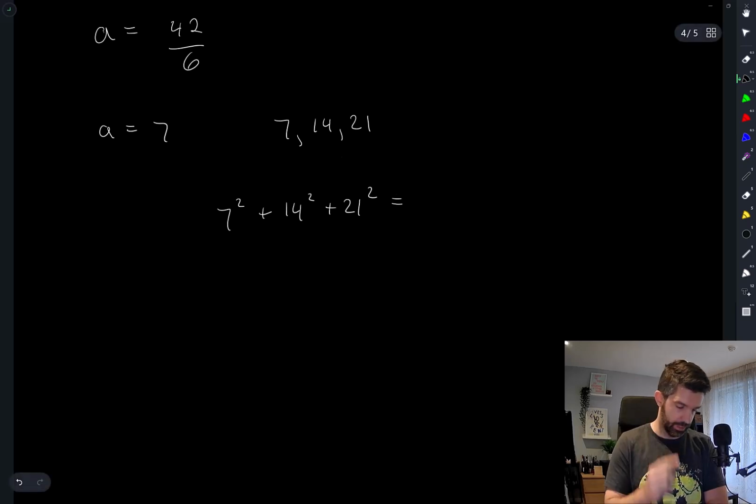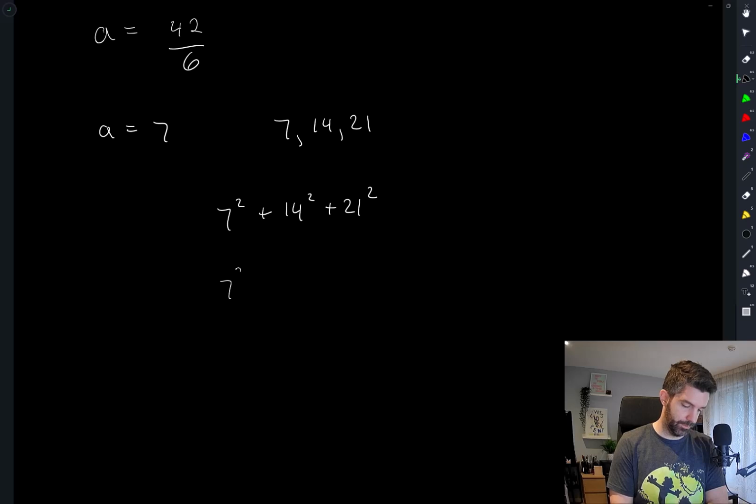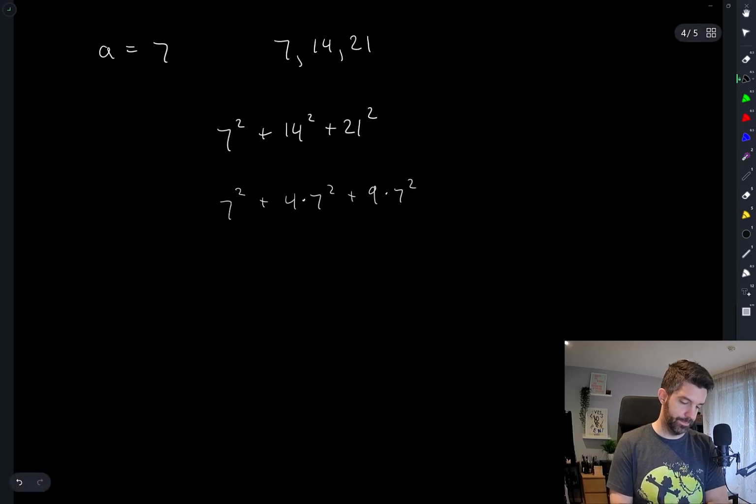Well, this is 7 squared plus 4 times 7 squared plus 9 times 7 squared, which is equal to 5 plus 9, 14 times 7 squared, which is the middle term times the common difference squared.